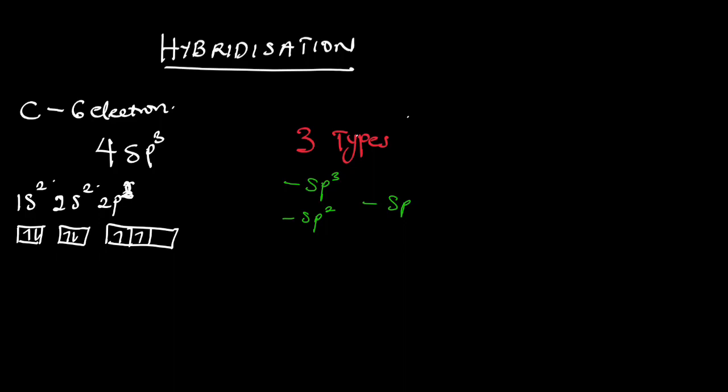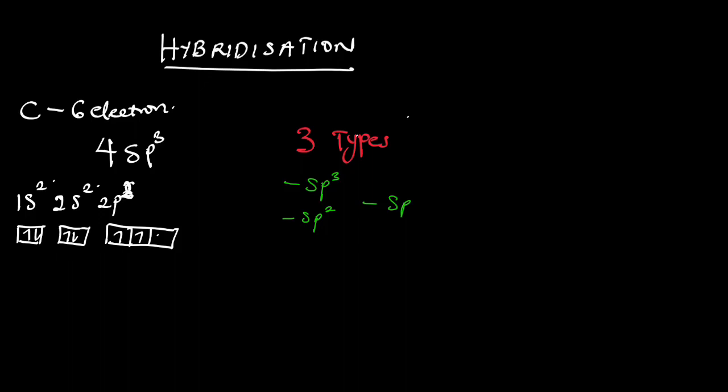So from here now, this one electron here must always be promoted to this. You understand? Because there is a higher tendency of carbon forming 4 bonds. So it can never form 2 bonds.